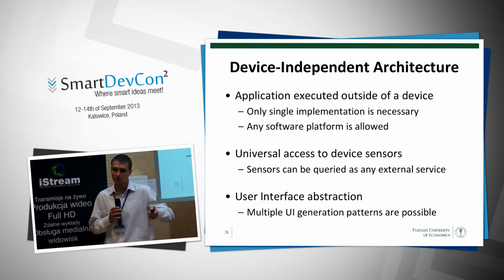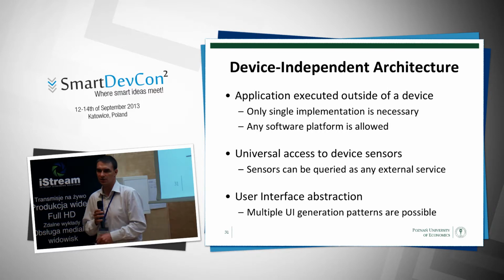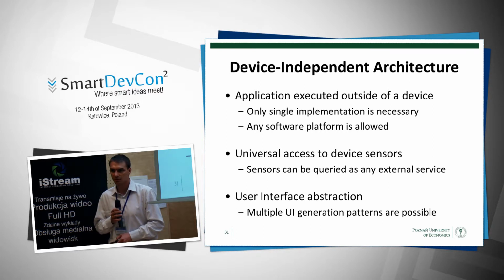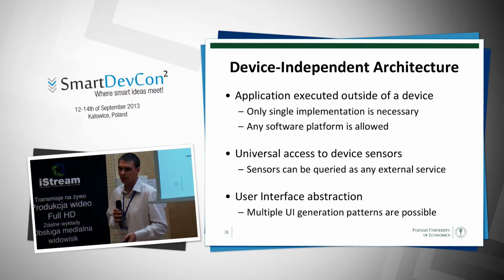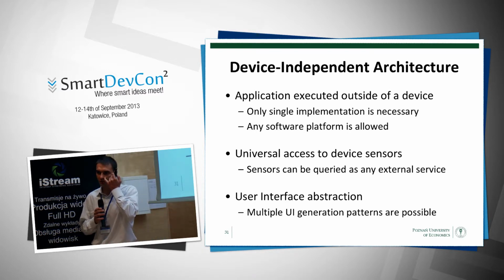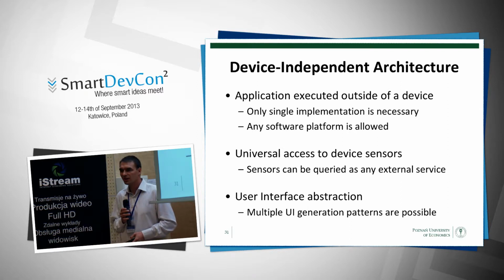For example, the application can render the whole user interface and send only an image to the device, or a video stream. This is already happening. I don't know if you are aware of a cloud gaming platform called OnLive. Anyone heard of it? Okay, quite a few.